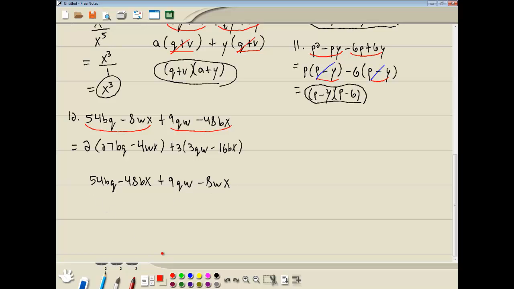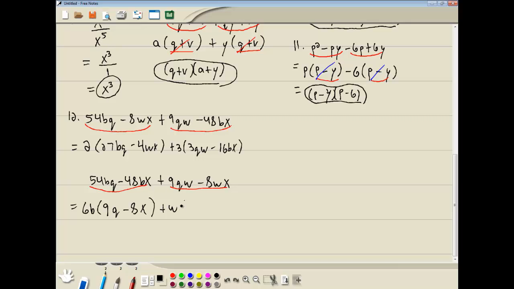Now let's try grouping. 6B is what they have in common. So that gives us 9Q minus 8X. Now over here, these have a W in common.